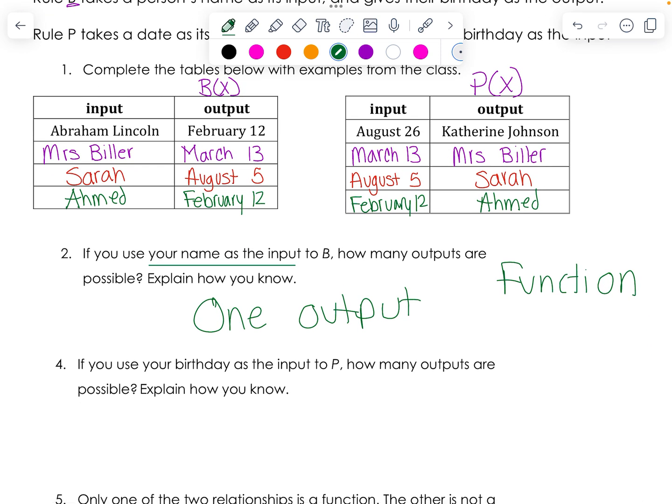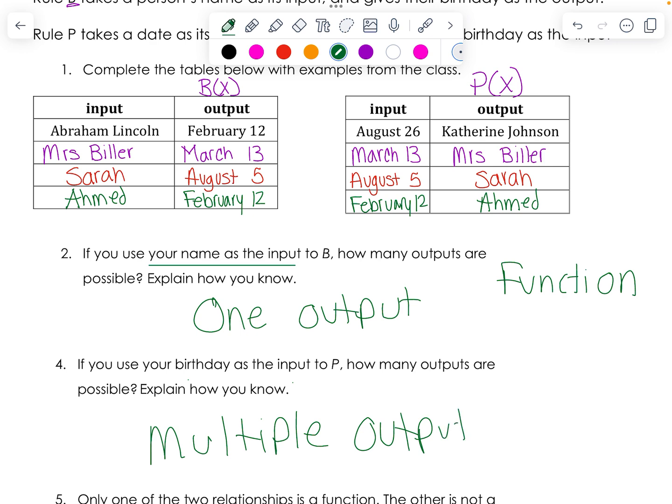If you use the birthday as the input, so function P, how many outputs are possible? So if you have a birth date, are you guaranteed to only have one person with that birth date, or could you have multiple? We could have multiple outputs. More than one person can have the same birthday.